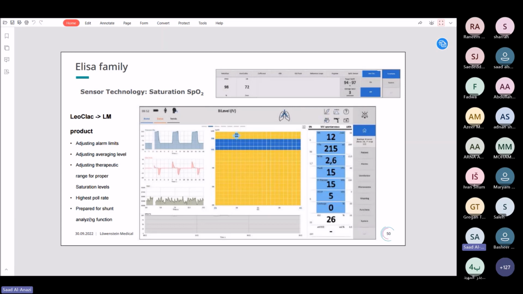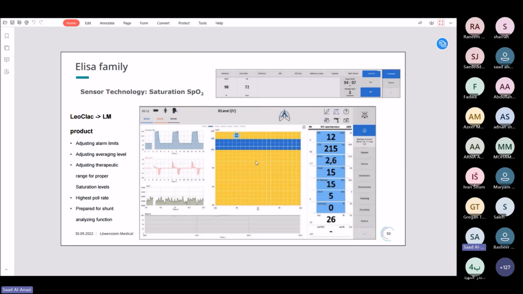Also, you will add the target saturation. You can add a target saturation of 94, 97, for example, and if the patient goes below, the FiO2 is adjusted by itself, auto adjusted by the machine.